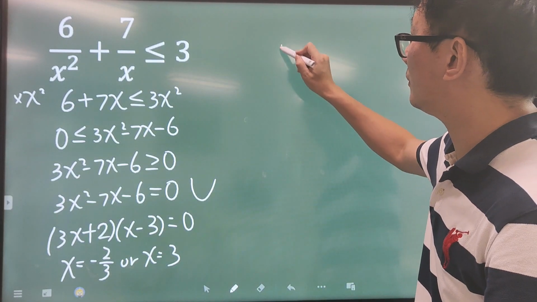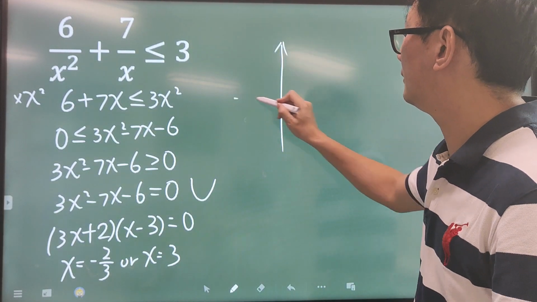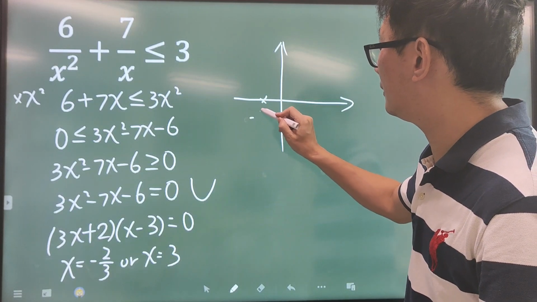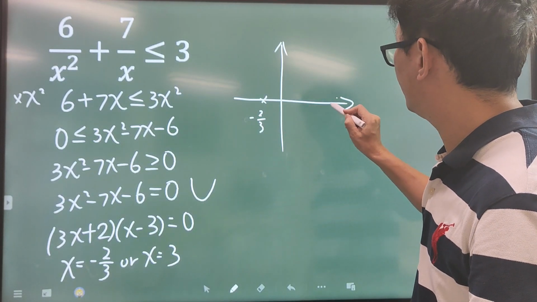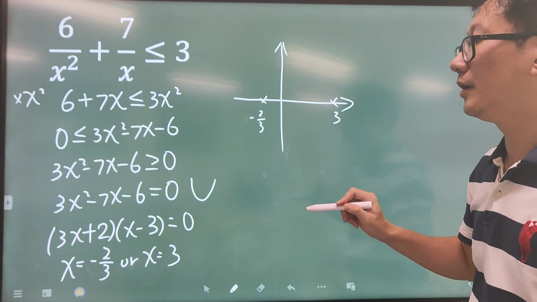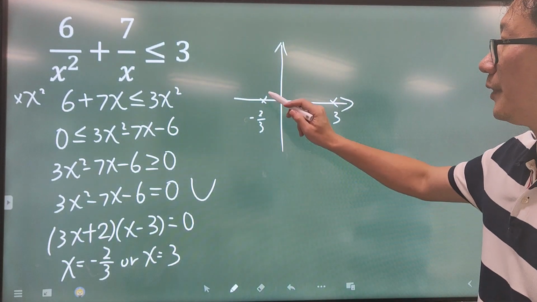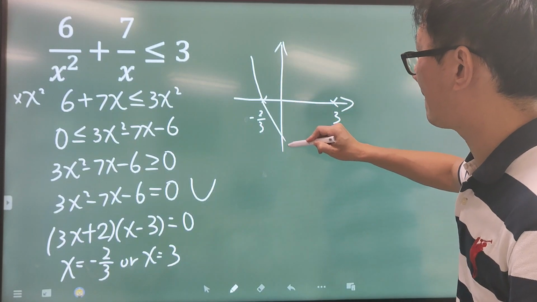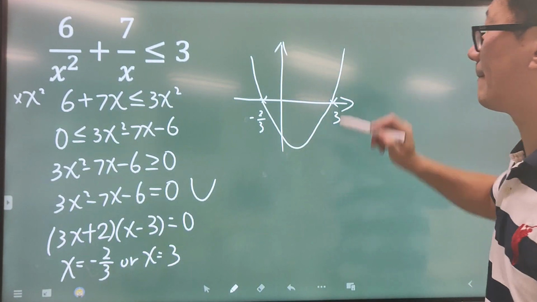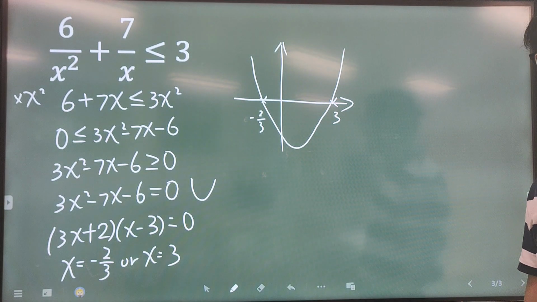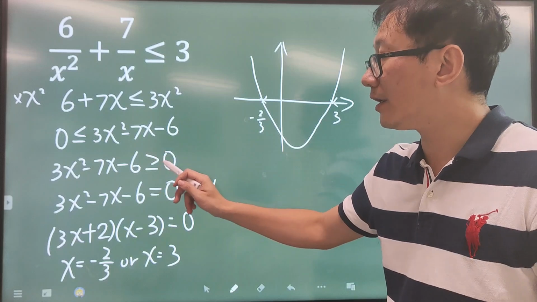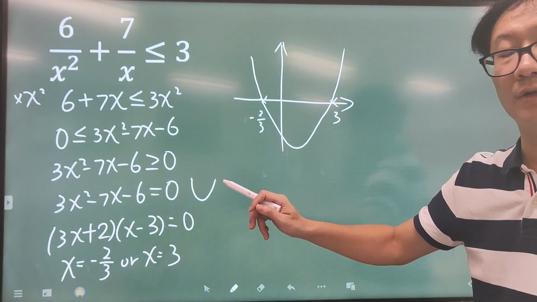Alright, so let's draw a quick sketch here. We'll have negative 2 over 3 here and 3 here. We want a parabola that opens upward. And let's go back and revisit our inequality. 3x squared minus 7x minus 6 is greater than or equal to 0.